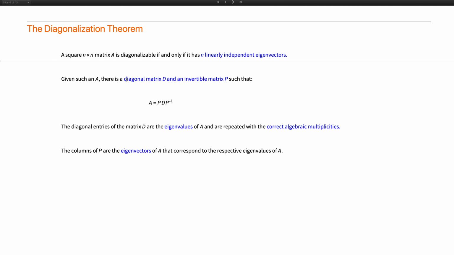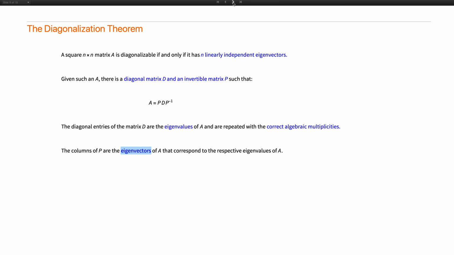In such a case, of course, you have a diagonal matrix D and an invertible matrix P such that A is equal to P times D times P inverse. Once again, the diagonal entries of D are the eigenvalues of A, but this time, if there are repetitions, you have to have the correct algebraic multiplicities. And the columns of P are the eigenvectors of A.